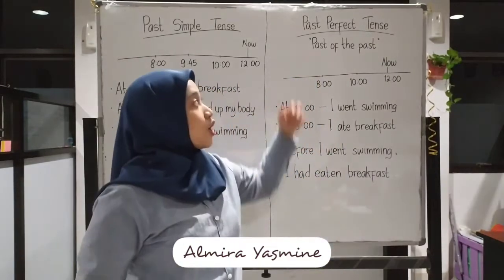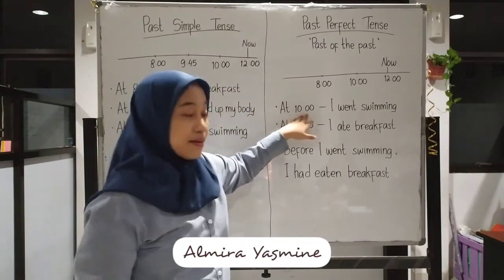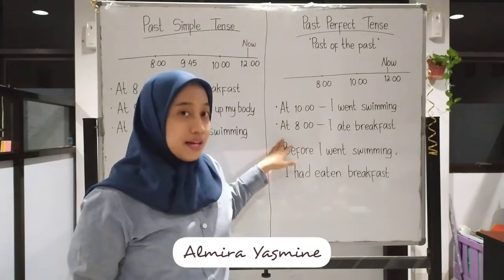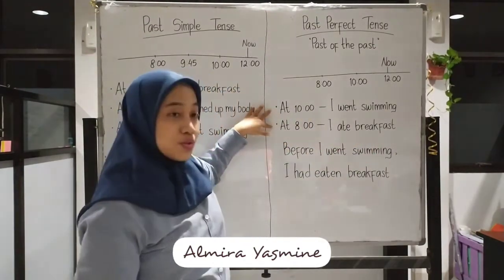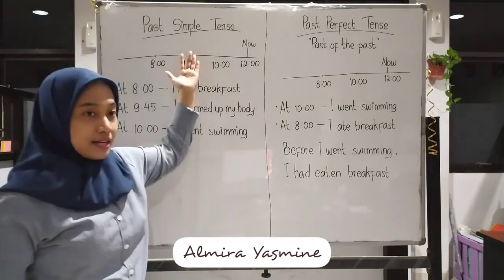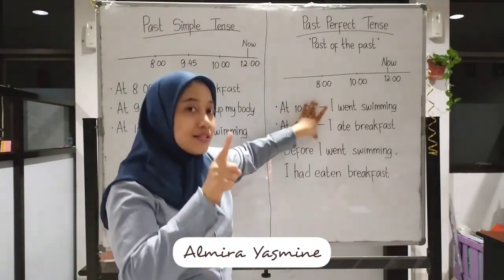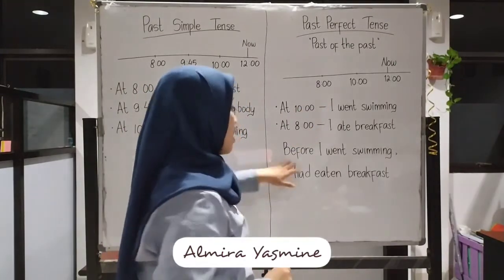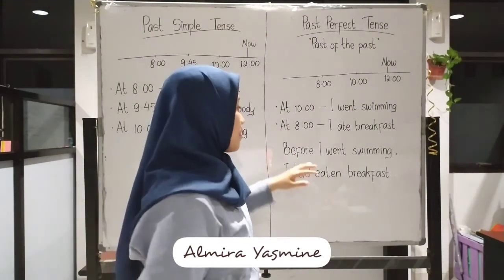Now let's look at the past perfect tense. At 10 a.m. I went swimming. At 8 a.m. I ate breakfast. These two activities are actually in the simple past tense. But if we connect them into one sentence, it will change. For example, I use the connector "before".